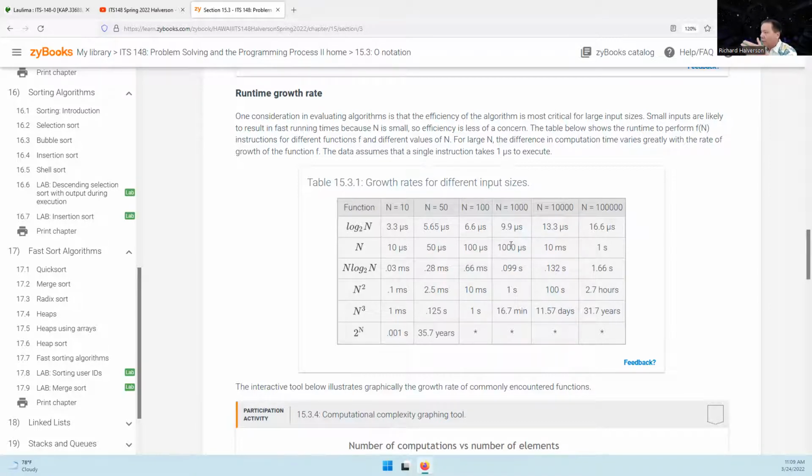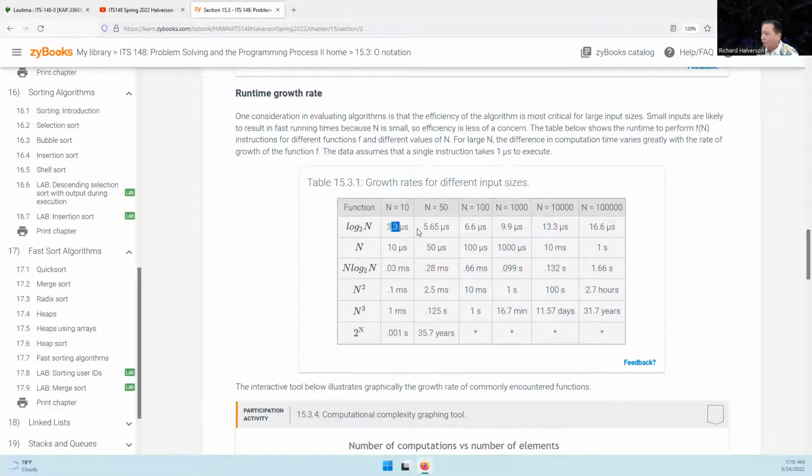If 10 takes 10 microseconds, then 100 is going to take 100 microseconds. 1,000 is going to take 1,000 microseconds, and so on. 100,000 is going to take 1 second. But log n doesn't grow like that. Log n grows at a much more dampened rate.